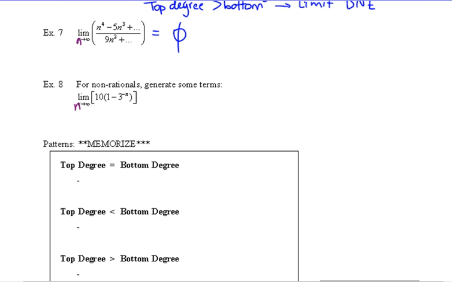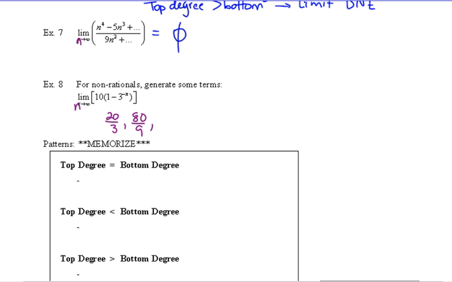Okay, plugging this in. Can you please get the first term? 1 minus 3 to the negative 1 is 1 minus 1/3, so 2/3. 10 times 2/3 is 20 over 3. Plug in 2, negative 2 would be 1 over 9. 1 minus 1/9 would be 8/9. 10 times 8/9 is 80 over 9.